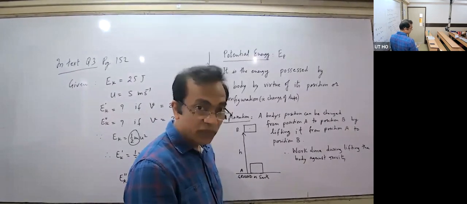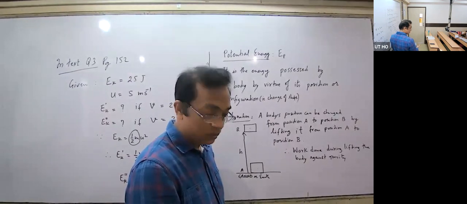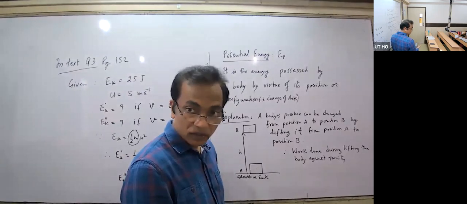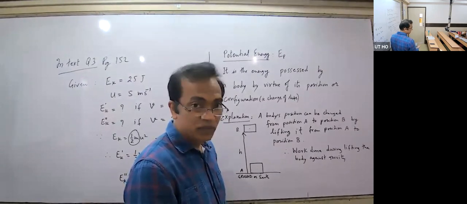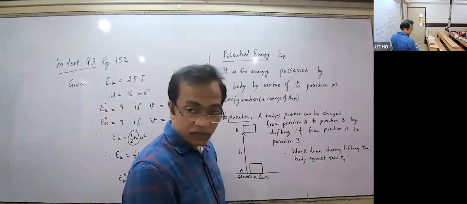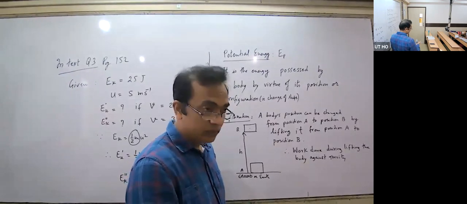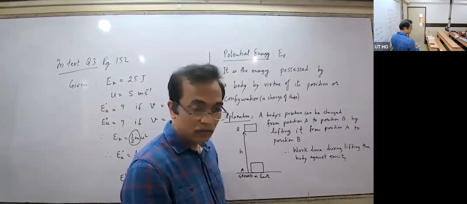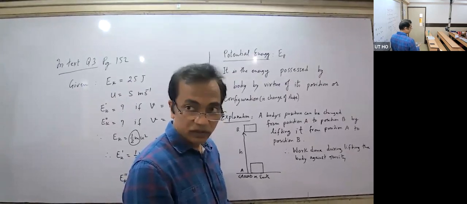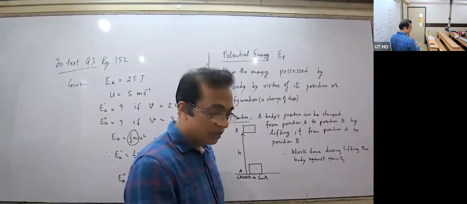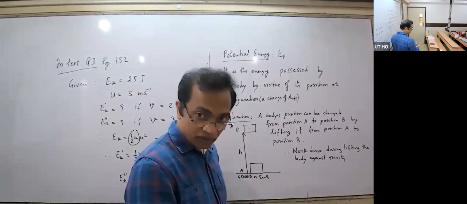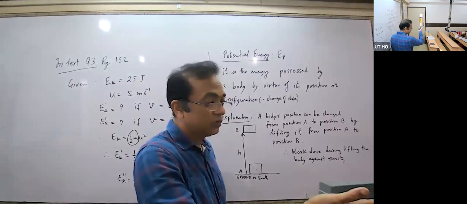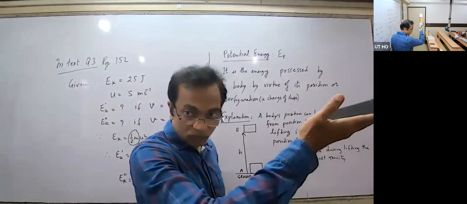It's weight. Also gravitational force, that is GMm by r square. But what is its weight? mg. So its weight is acting downward. When you have to lift it up, you have to at least overcome its weight. So you have to apply force in the opposite direction, equal to its weight. Got it? So when you lift it with the force mg, then you can move up.